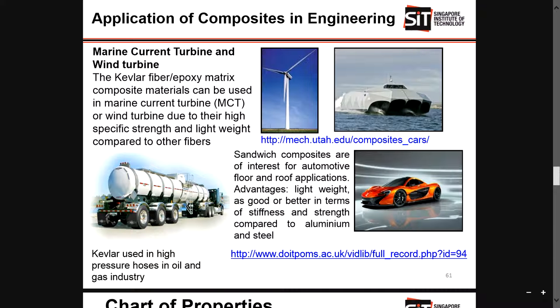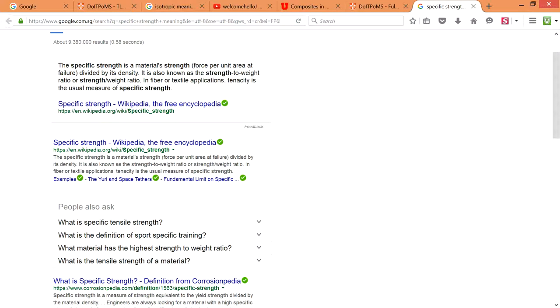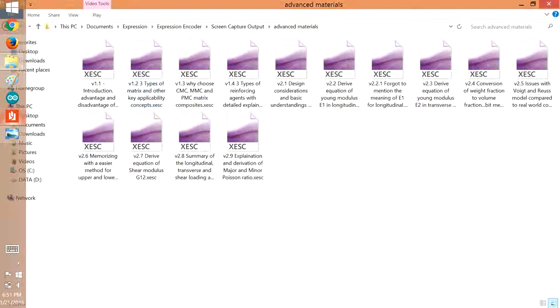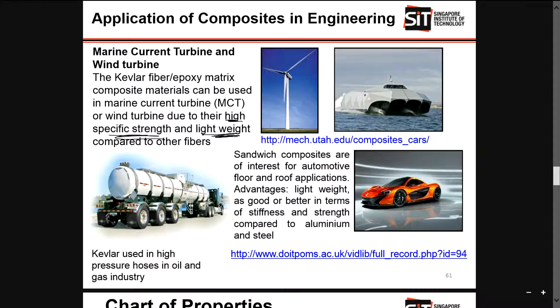Over here at this last page, the key thing for all the composites applications is that they have a high specific strength. The definition is also known as the strength to weight ratio of your material. So with high strength and low weight, you have a high strength to weight ratio, things like that. So you have a high strength to weight ratio, this means that you are lightweight compared to other fibers.